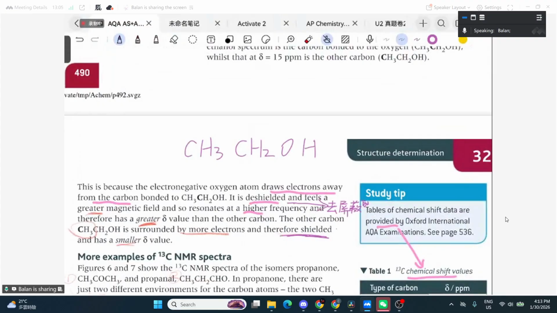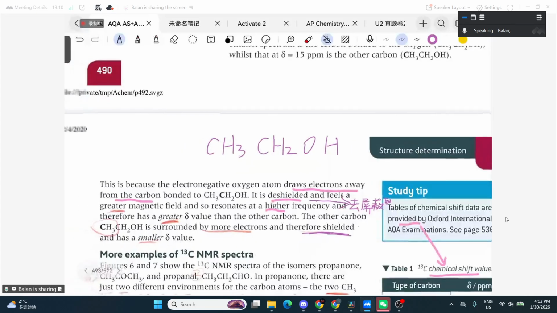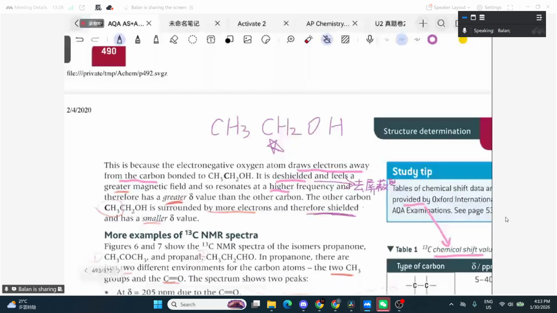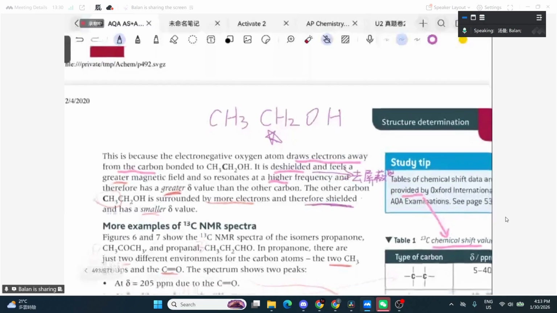You can still analyze its structural formula or displayed formula. This middle carbon atom is bonded to oxygen, right? So carbon and oxygen, which is more electronegative? The oxygen. So the more electronegative oxygen will draw electrons away from carbon.